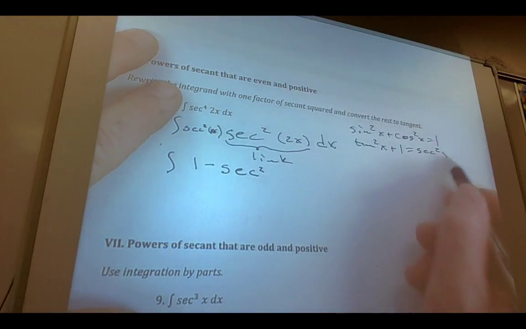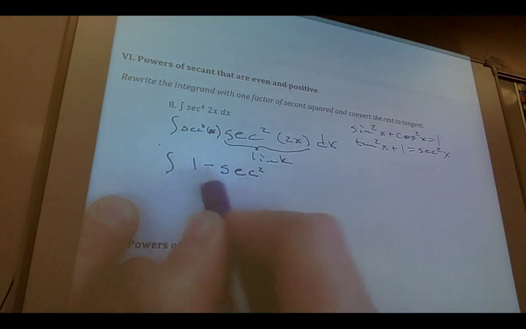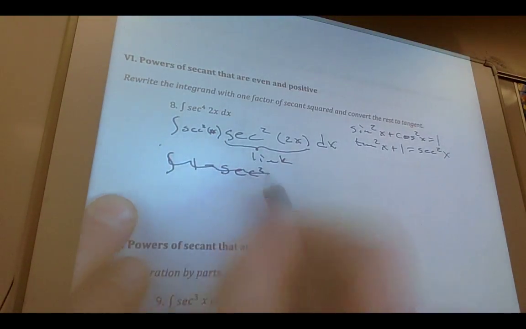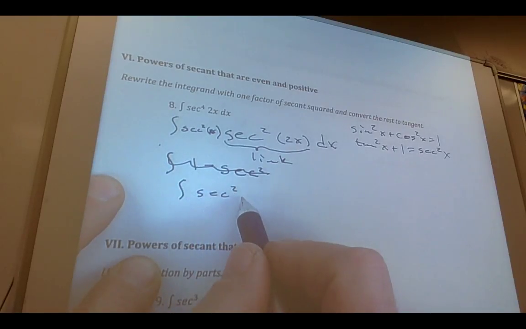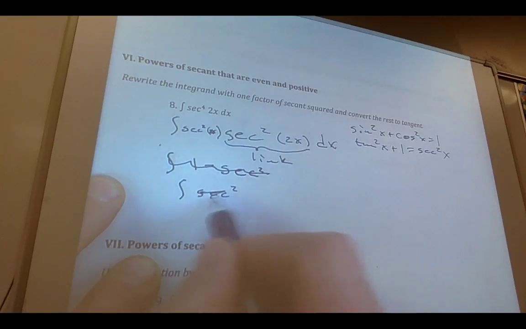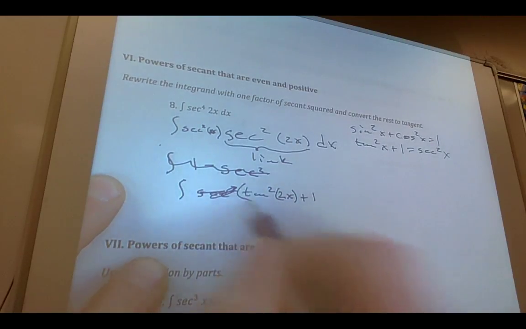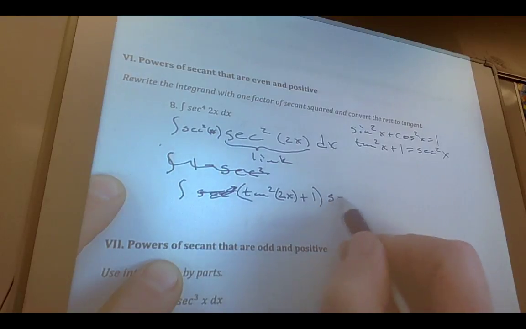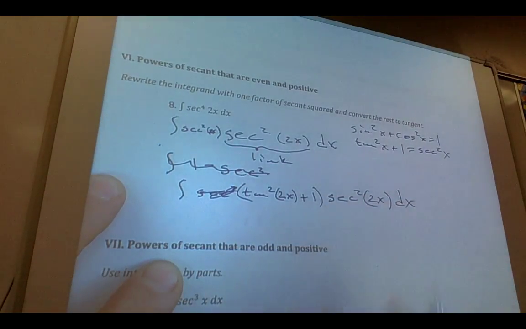Yep. And so secant squared minus 1, I got it backwards. Tangent squared, like I said, of 2x plus 1. Yeah, the pressure of being live. Secant squared 2x dx.